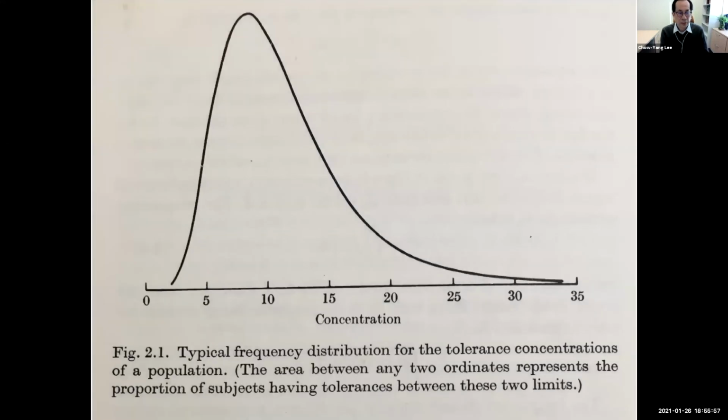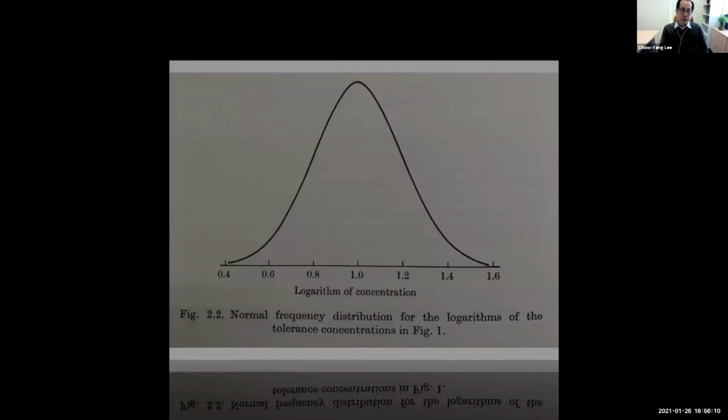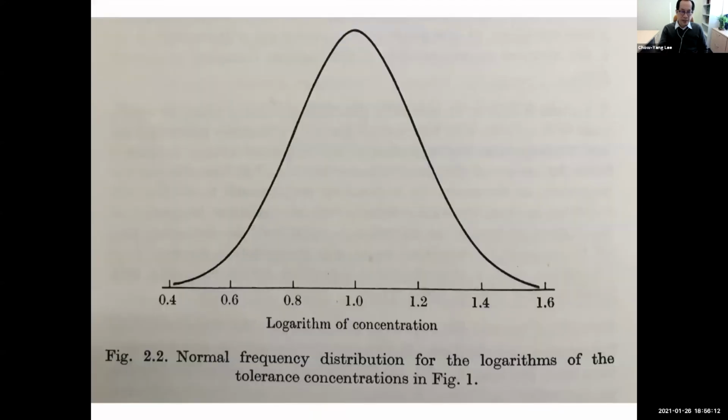A typical distribution for a tolerance concentration gives a curve that looks like this. If you turn the concentration on the x-axis into log 10, it will give you a normal distribution curve.